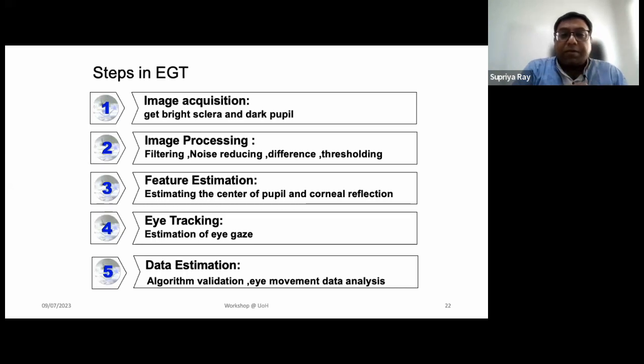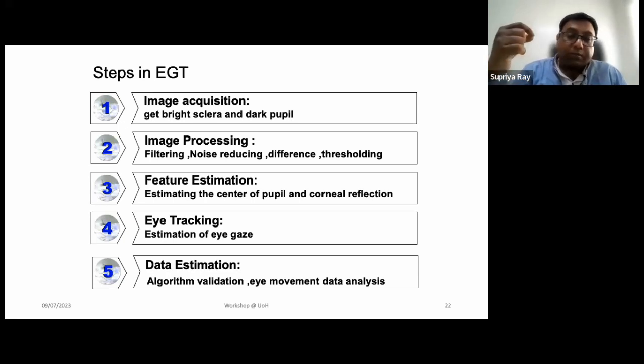So it estimates the center of the pupil and the corneal reflection. I'll show you a few slides, either pictures or a movie, where you can see the crosshair the software puts on the middle of the pupil and on the bright corneal reflection. The fourth stage is the estimation of the eye gaze, and finally you get the data to know the position of the eye, or the position of the gaze, in 2 dimensions.